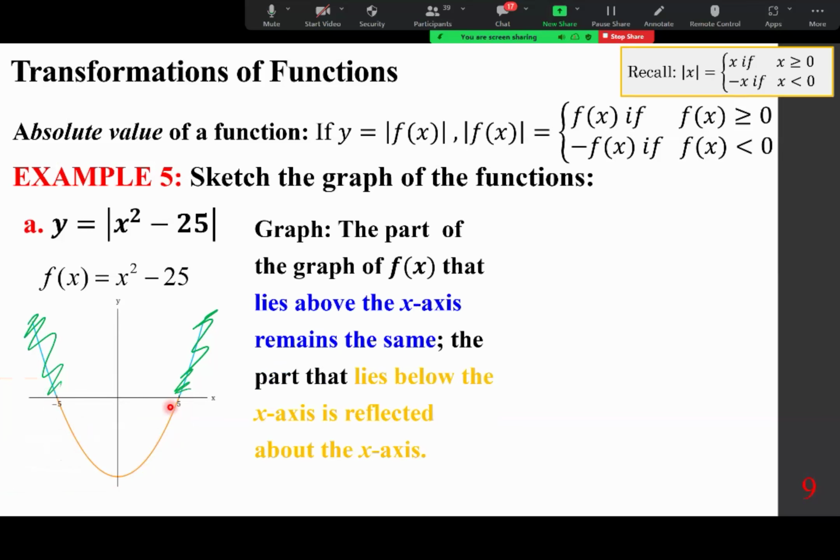So the part of the graph of f of x that lies above the x-axis remains the same. The part that lies below the x-axis is reflected about the x-axis. So this portion doesn't change, this will flip over. That's how the graph of an absolute value of a function works.